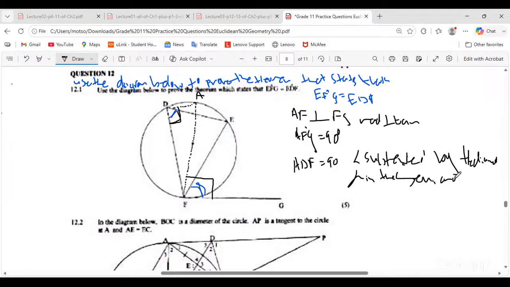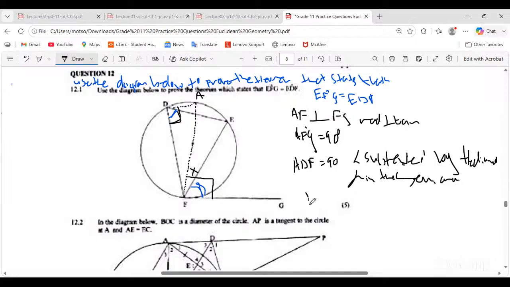Now, what you are going to do, you are going to let this angle be x. You will write it there on your diagram on your answer sheet that this angle here is x.